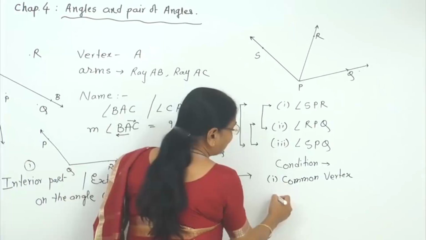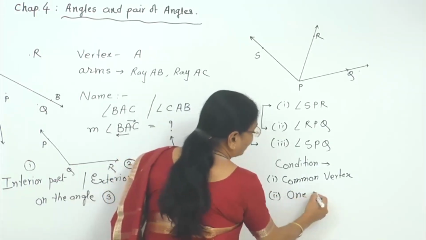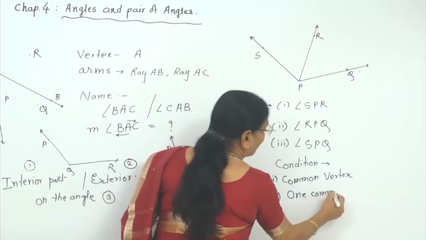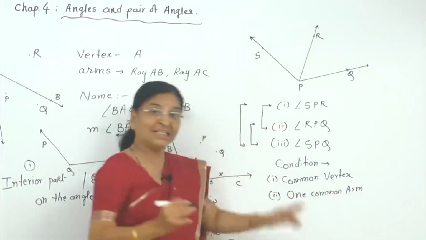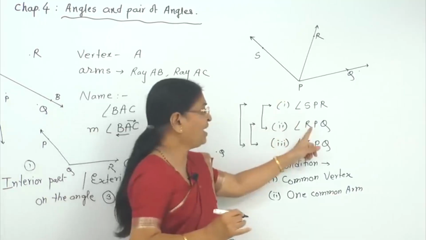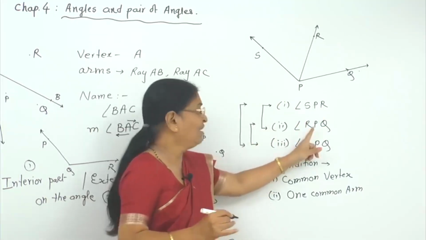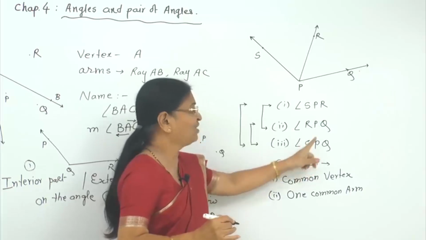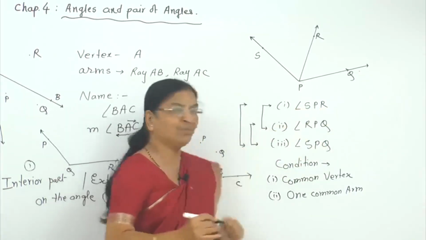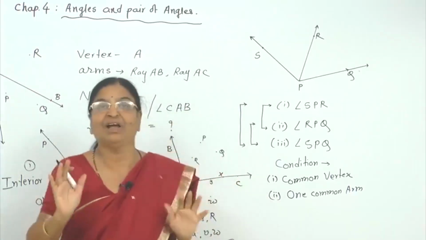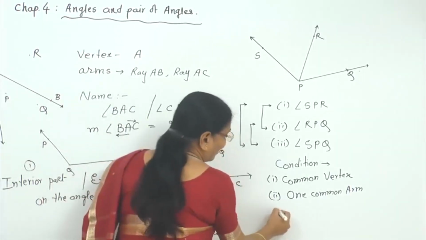Then the next is they must have one common arm. You will say, yeah, SP and RP is taken, PR is a common arm. When RPQ and SPQ is taken, PQ is a common arm, and when these two are taken, then SP is a common arm. Second test is also valid.